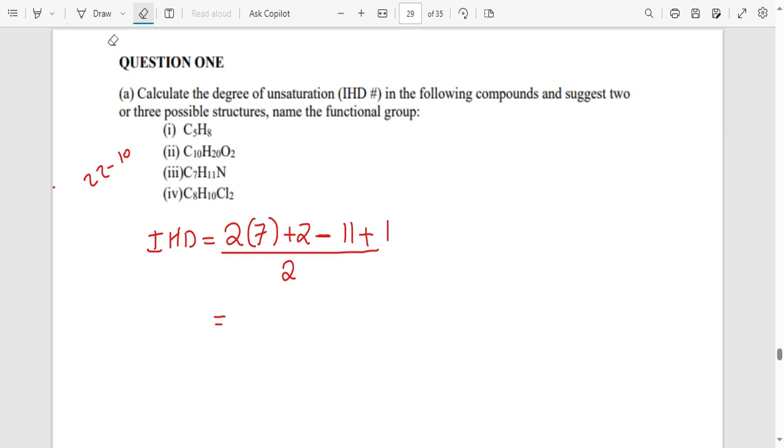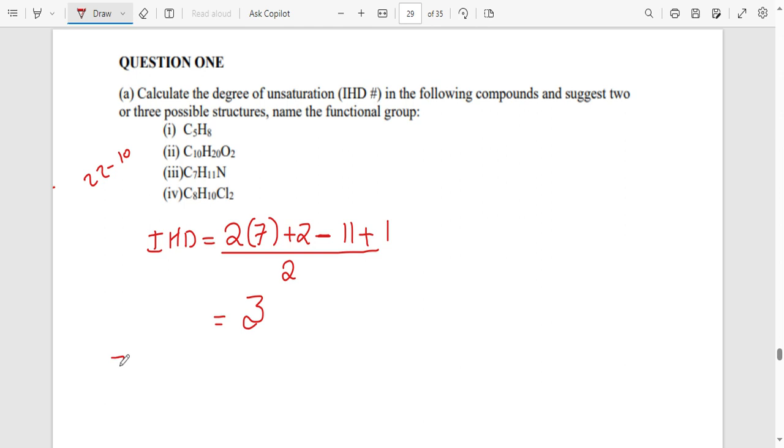So this is 14 plus 2, which is 16, right? 14 plus 2, which is 16. And then minus 10, that is 6, divided by 2, that is 3. So an IHD of 3 has different meanings.